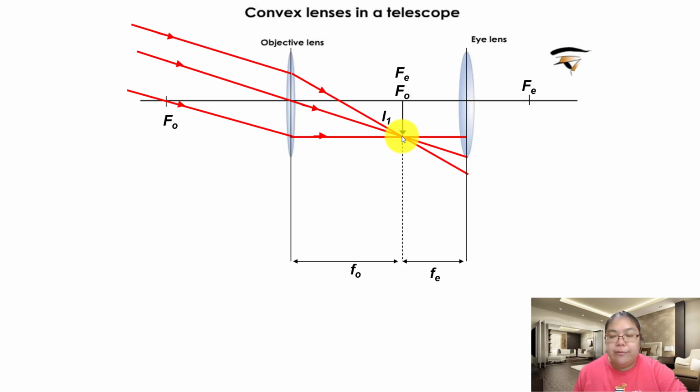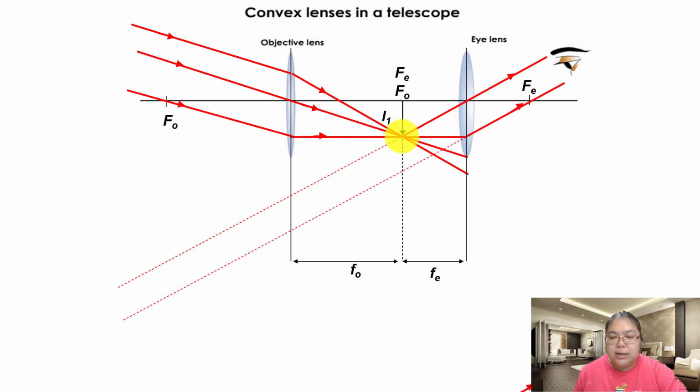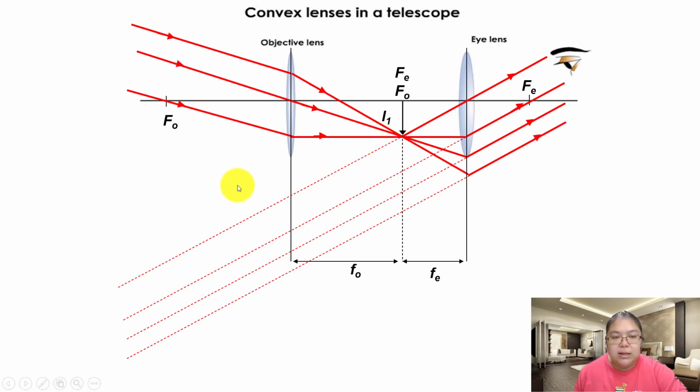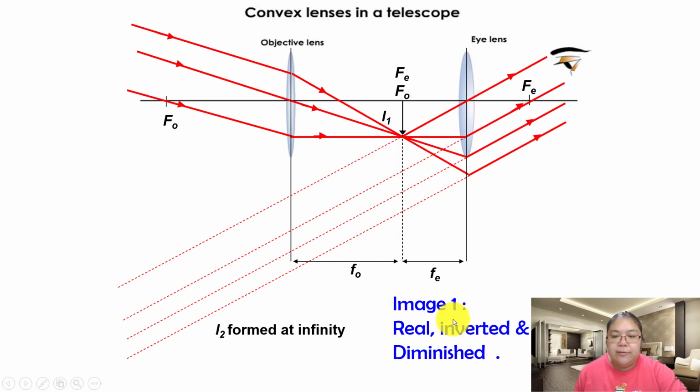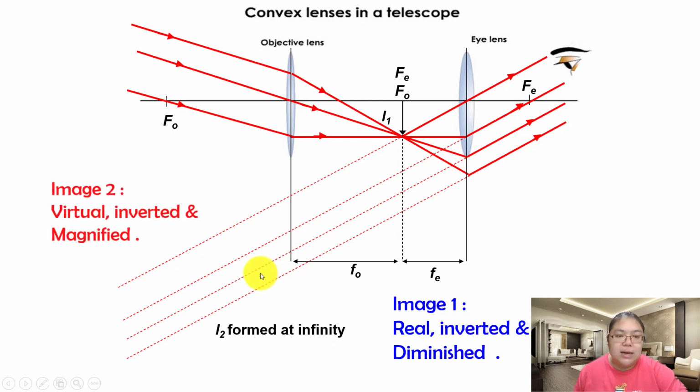Now we draw from the eyepiece. Continue to draw, touching FE. Then the rest just parallel. So you find this one should be the second image, located at infinity. So we see the characteristics: first, real, inverted, diminished. The second one should be virtual, inverted, magnified.